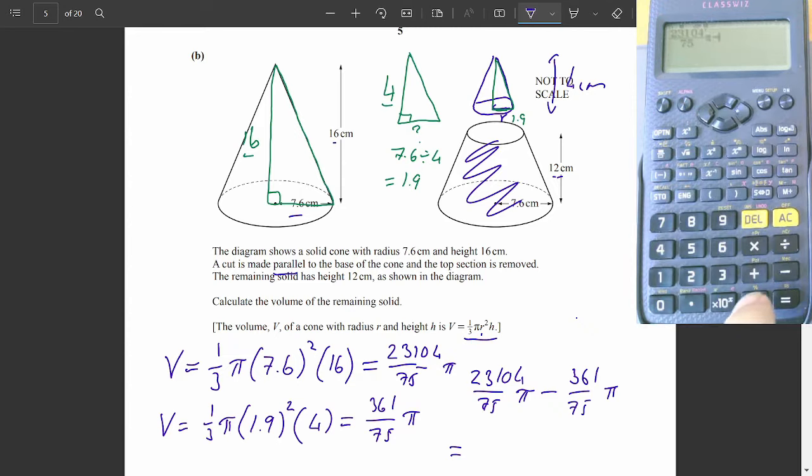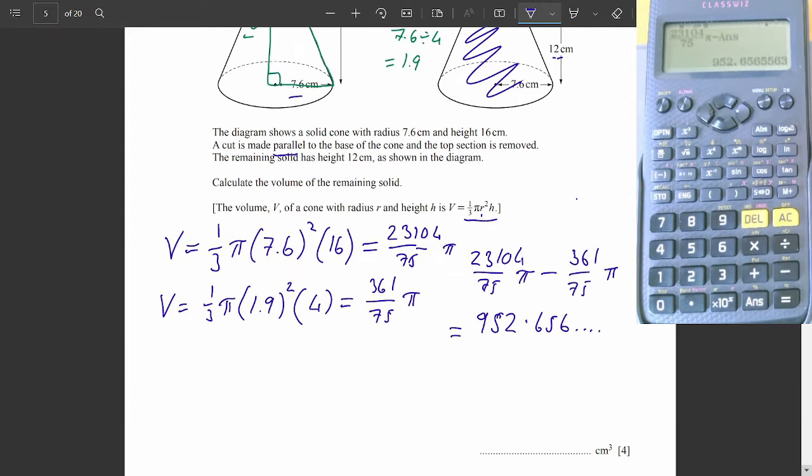If you press the answer button, it inserts the previous answer, and bam, gives us a very accurate answer. And now we can write down the digits because that's what they want. 952.656, etc. And that's the most accurate answer, rounded to 3 significant figures, 953 centimeters cubed. You can do it.